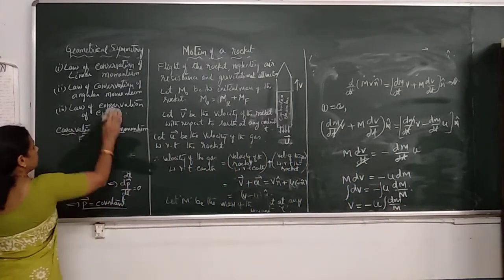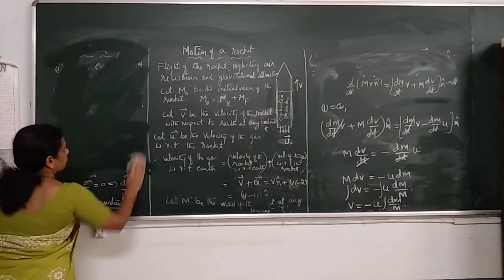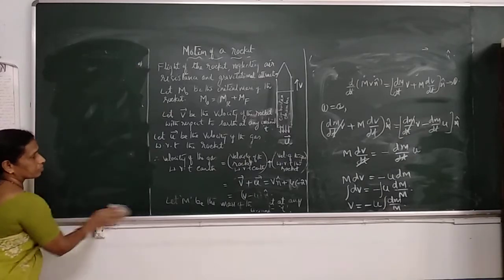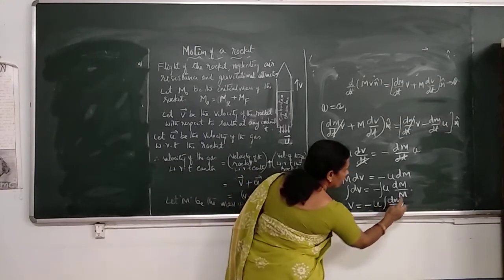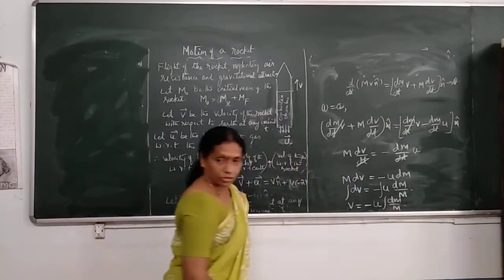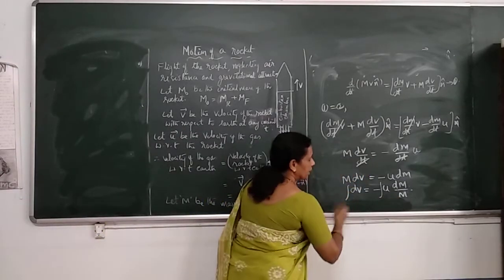Here we have dv equal to minus u dm by m. Let us integrate both sides.